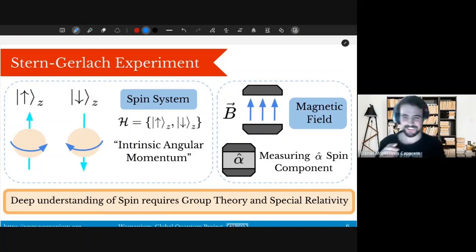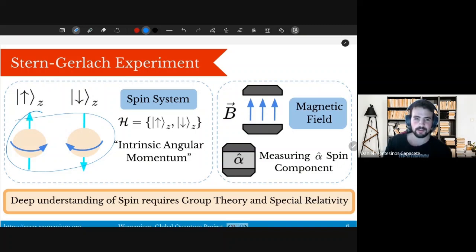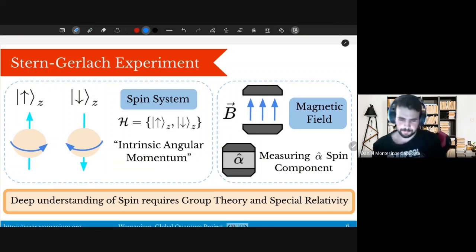This is quite funny to say, but it's true in the sense that for you to make a visual idea of what the spin is, you can for sure think about this, but in a strictly mathematical way, it's not that. It comes from different things. But let's just take this picture.